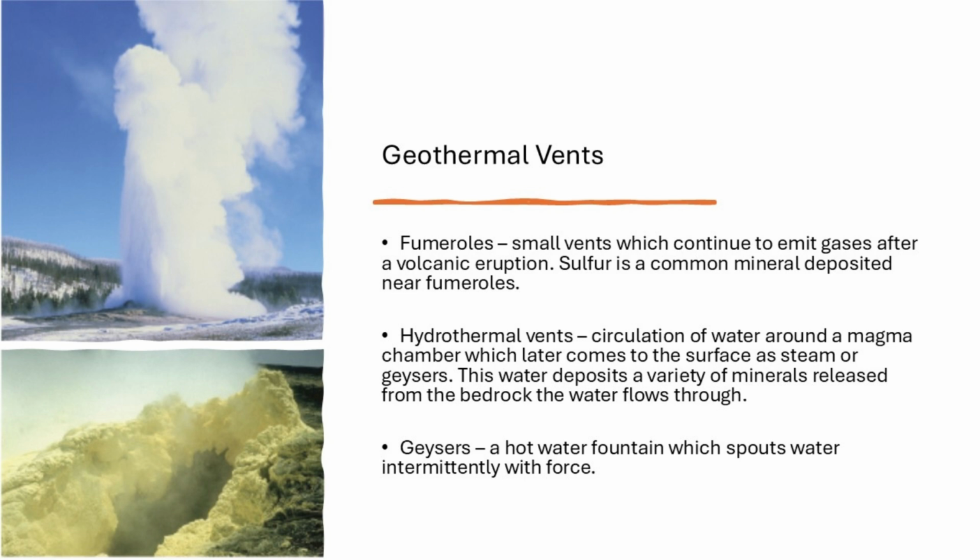So what happens is there's natural groundwater that flows around a volcano. And as the magma starts to rise to the surface, the ground gets heated and it heats this water. And this heated water can start to vaporize and come out in vents.